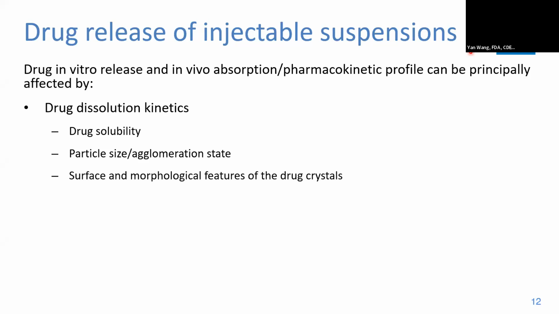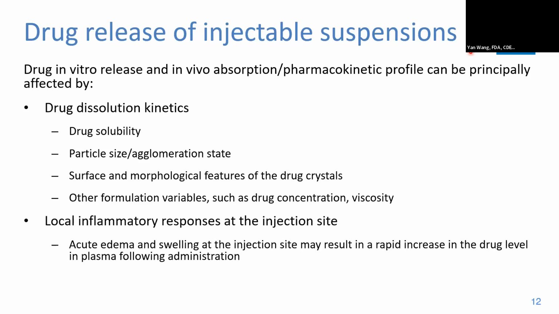Then also the surface and morphology features of the drug crystals could have a downstream impact on the particle size and agglomeration state, as well as other formulation variables, such as how much drug you put into 1 ml, how concentrated it is, and the viscosity of your dispersing media system.